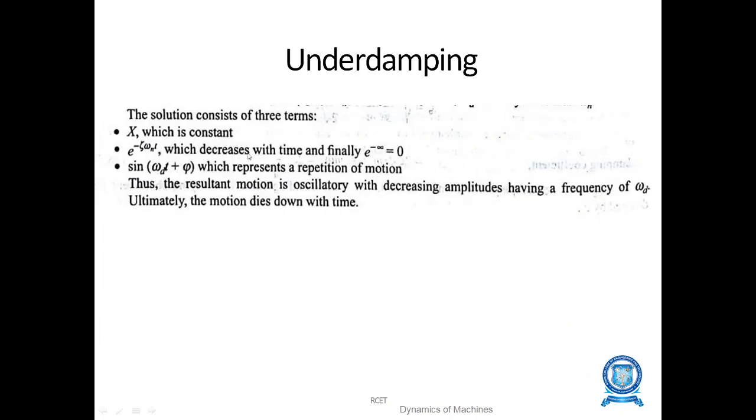The term consists of three values: capital H, which is a constant value; e power minus eta omega n t, which decreases with time, and finally e power minus infinity becomes 0; and the third one, sin of omega d t plus phi, which represents a repetition of motion.